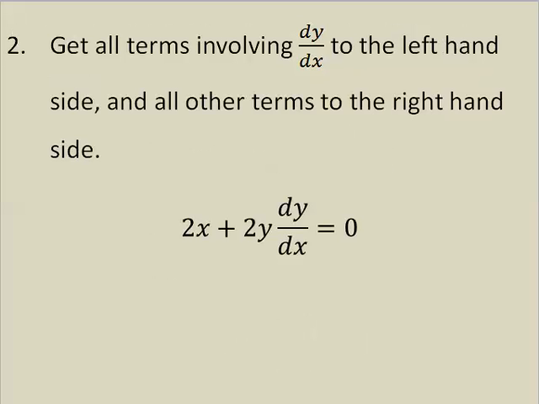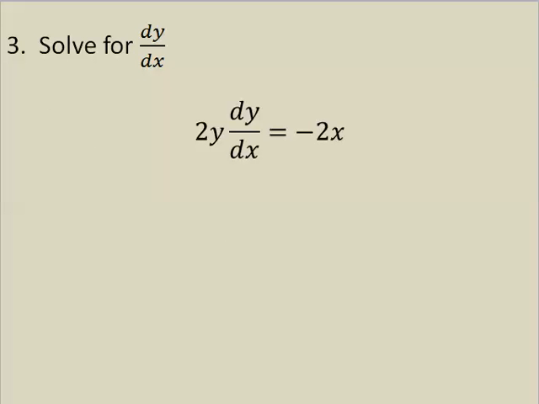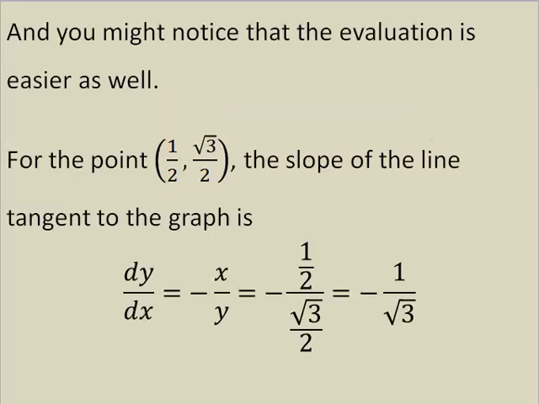My next step is to get all the dy dx's to the left-hand side and everything else to the right. So I just subtract 2x from both sides. Last step, solve for dy dx. Going to divide both sides by -2, and this is what I get. You're going to notice that the evaluation is easier as well.